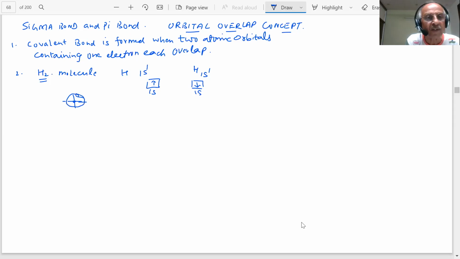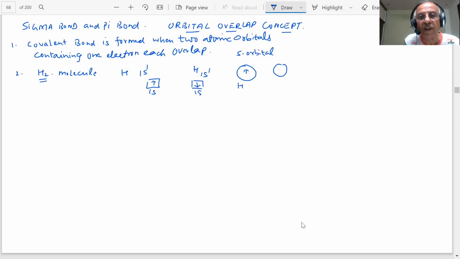Then the other orbital of this hydrogen, let me put it in a simpler way, students. You have this s orbital of one hydrogen. This has one electron. Then you have another orbital.